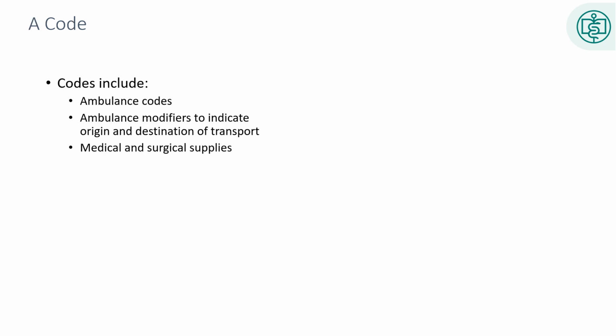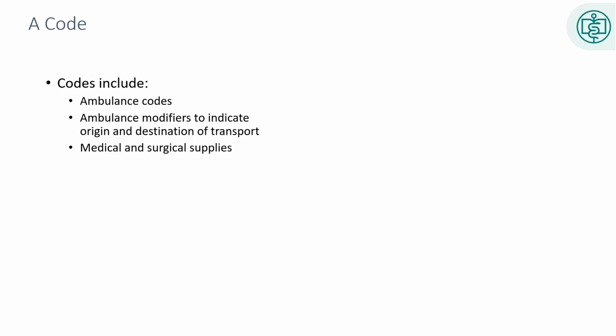The A section includes the transportation services, including ambulance, medical and surgical supplies, administrative and miscellaneous and investigational codes. An example of an A code from HCPCS is A4253. Take a moment to look this up in your HCPCS books.